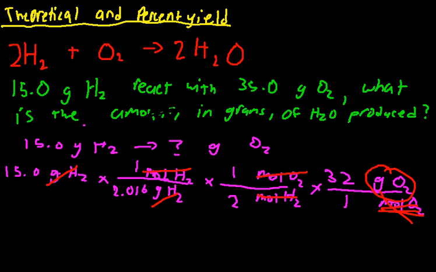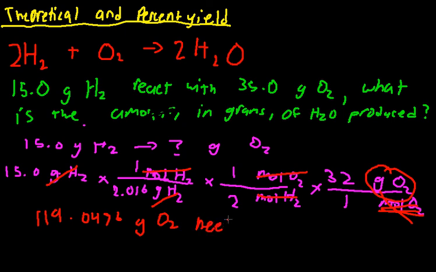So we'll get our calculators out at this point, and we'll multiply 15.0 times 32, and we'll divide that by 4.032, which is basically 2.016 times 2, and the answer that we get is 119.0476. So we took that, and that's how many grams of oxygen that we need.